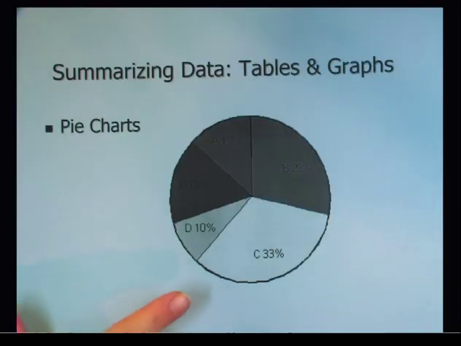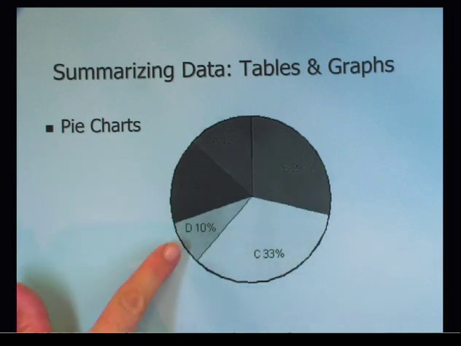Let's take a look at our first graph here. This is a pie chart. This pie chart gives you percentages, counts. You can see here 33% C, D, 10%. What type of variable do you think you would use a pie chart for? Remember back to our variables. If you guessed nominal, you're correct. A pie chart is great for categories, for nominal variables.